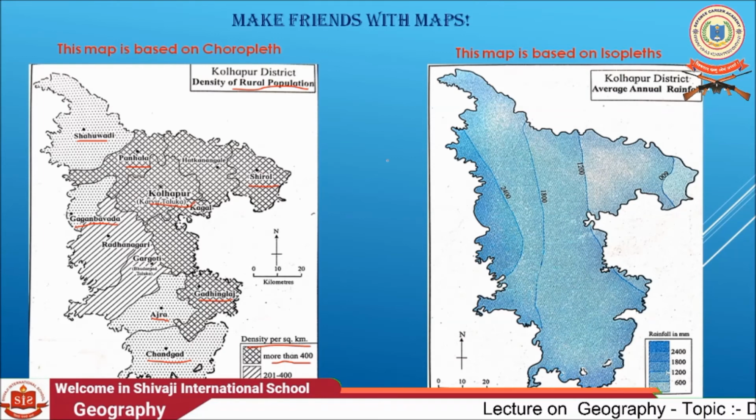Okay, we'll move to the next, that is the isopleth map.